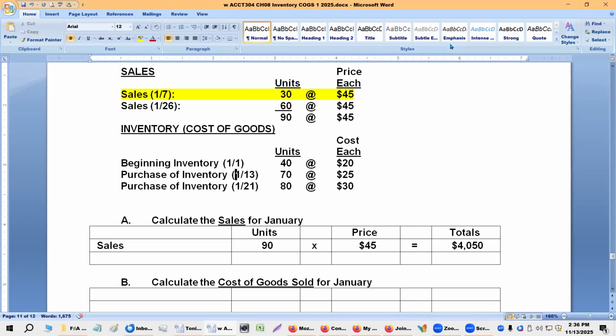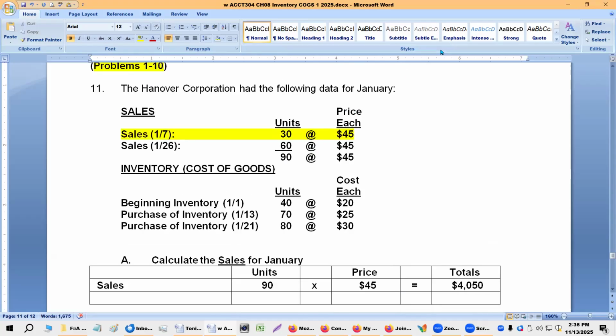Remember, we're doing this at the time of the sale. Now remember, after each sale, so on the 7th, we have to make a journal entry. It'll be automated most likely, but there's going to be a journal entry saying this was sold on this date, and we took the last ones in that were in on January 7th.